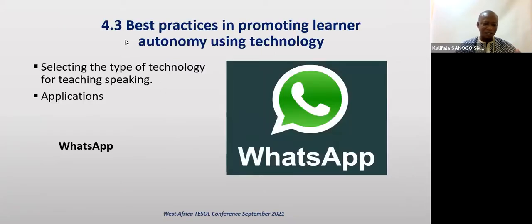So the best practice continues. For the last point, we have applications. So WhatsApp. In my context, WhatsApp is a very important tool that students can use as the main gate, because creating a WhatsApp group can permit the teacher to share the link of the different activities.